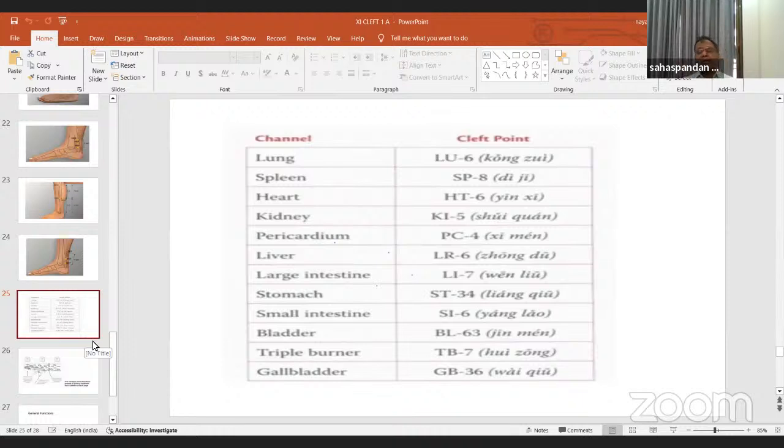For example, the source point, where the prenatal source chi enters the channels. So if we consider the source points, all source points hold the kidney chi. It is the prenatal chi of the kidney.